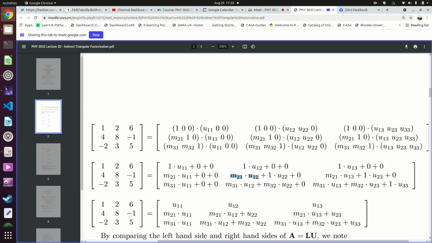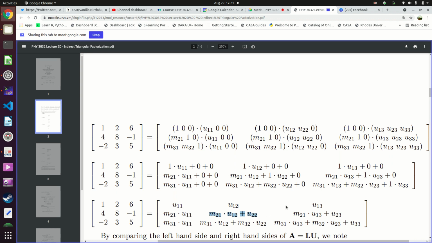M21 multiplied by U12, then plus 1 multiplied by U22. 1 multiplied by U22, that's what you have here, plus 0 multiplied by 0, that's what you get here. So you end up having M21 times U12 plus U22, which is what you have here.